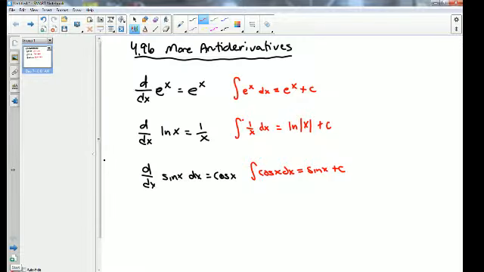Question. If it was negative 1 over x, would you just ignore the negative? Yeah, it's a constant. It's -1, right? Same thing here. If you have negative cosine, this becomes negative sine.